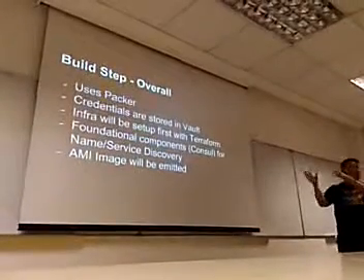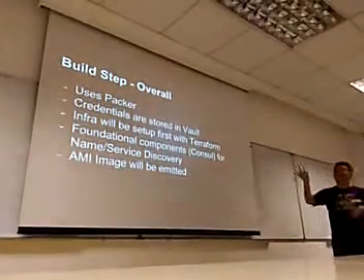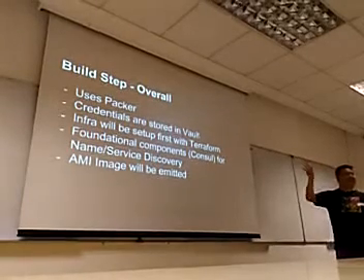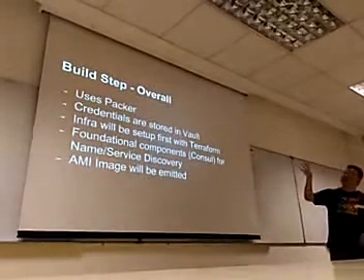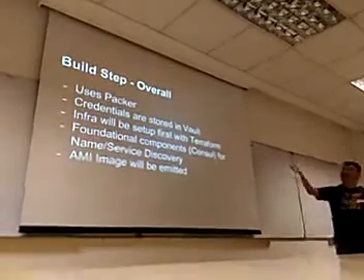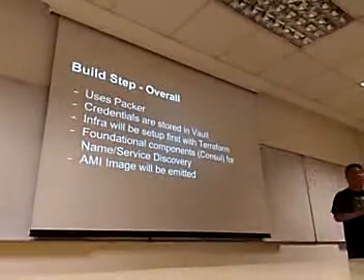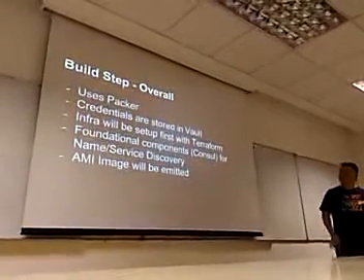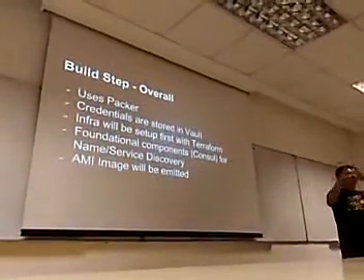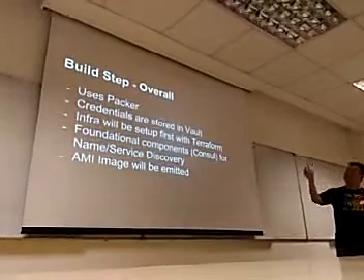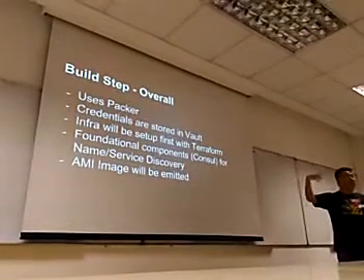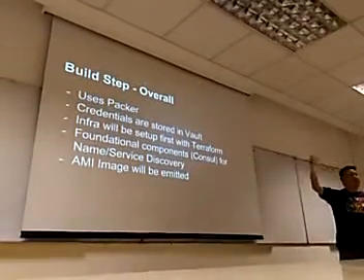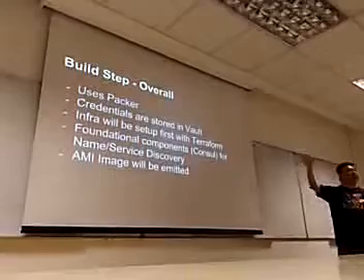HashiCorp's solution for this is a software called Packer. They safely store everything needed to interact with your cloud provider inside Vault, so you don't need to put it out in public. Before they can build your AMI image, they boot up onto your cloud provider, again using Terraform, the foundational dependencies.